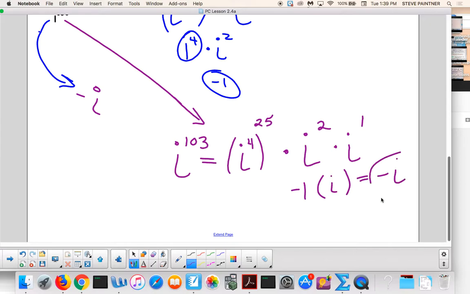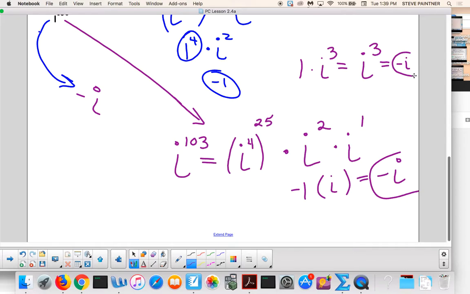It's negative i. Why wouldn't you just times that by i to the third? Because that's i. Okay, so you take this 1 times i to the third and get what? i to the third. And then you know that's negative i? Okay, that's fine. If you know i to the third is negative i, fine. I'm not sure if everybody knows that though, so that's why I keep breaking it down. Okay.